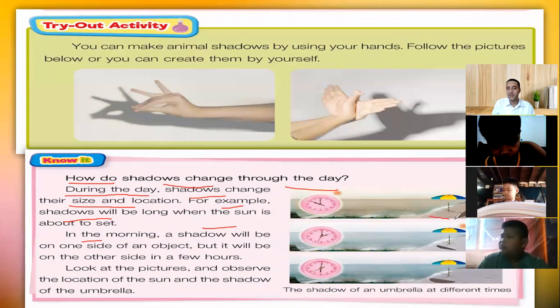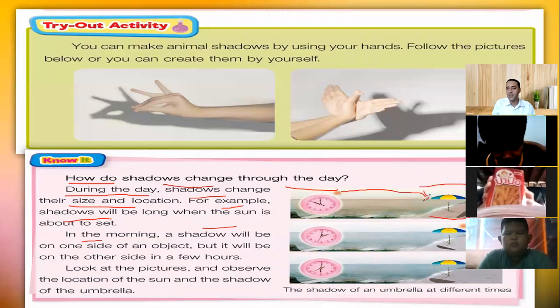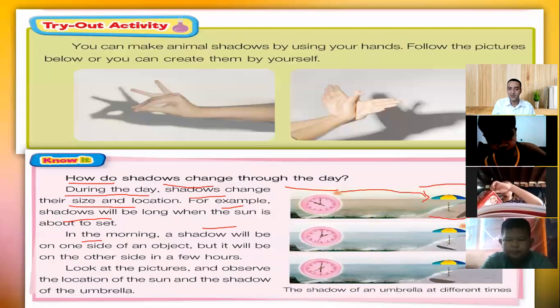You can see here in the picture, they are having an umbrella on the seaside. After the sun hits the umbrella, you find here the shadow will be on the opposite side.